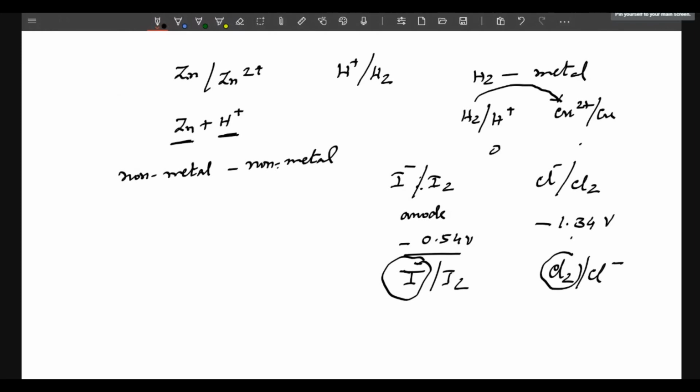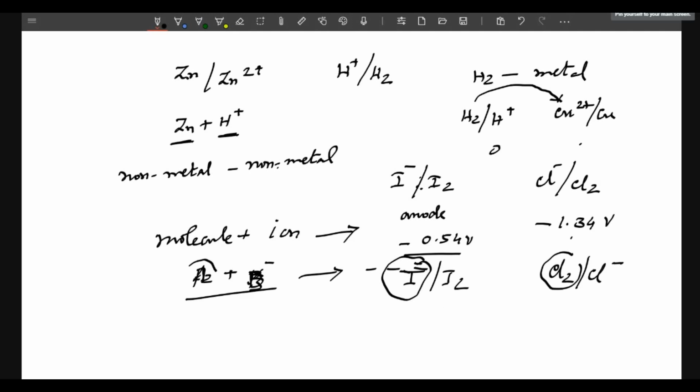Therefore, if anybody asks you, a molecule plus an ion is present on the reactant side, say for example A2 plus X minus. Who could this be? Two combinations. The metal combination is definitely not possible, because the metal forms an atom only.